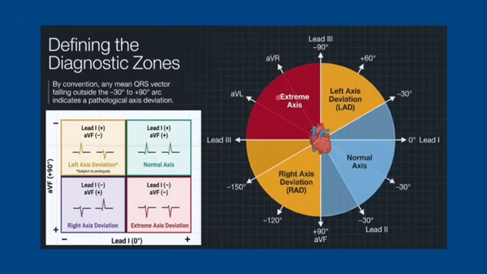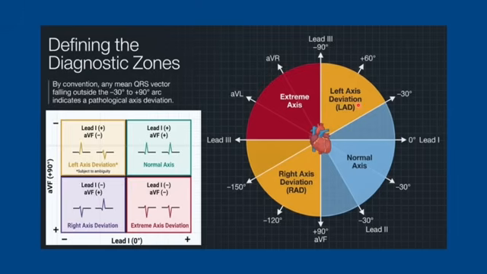How to determine the axis? Look at the QRS complexes in lead 1 and AVF. If both are positive, this is normal axis. If QRS is negative in both leads, it is extreme axis. If it is positive in lead 1 but negative in lead AVF, it could be left axis or could be normal, less than -30.